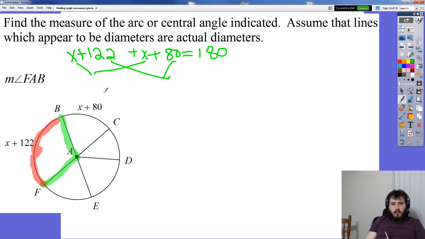Variables go over here. 2 x's. 122 and 80 is 202. Yeah, 122 and 80. Thinking I'm saying something else. So now we're going to subtract that 202 over to the other side.